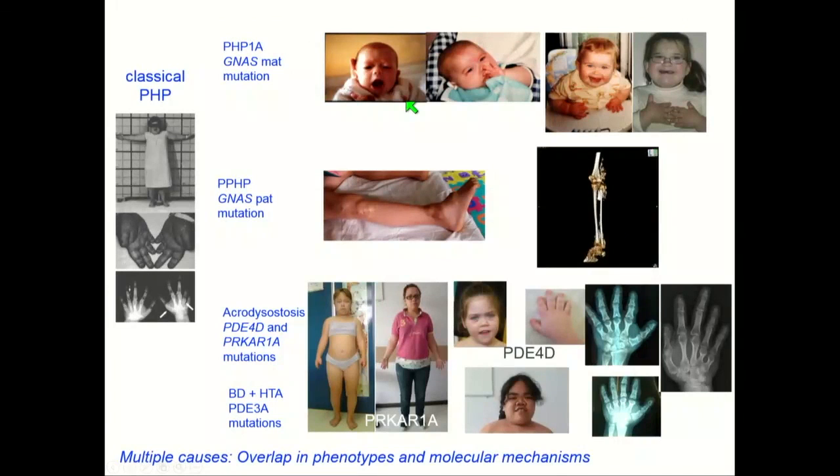The range of these disorders includes classical PHP, with obesity, brachydactyly, and certain clinical chemical features. There are also features only affecting bones themselves, with their own particular clinical manifestations. These are all related gene disorders causing related phenotypes: multiple causes, overlapping phenotypes, overlapping molecular mechanisms affecting this one pathway.